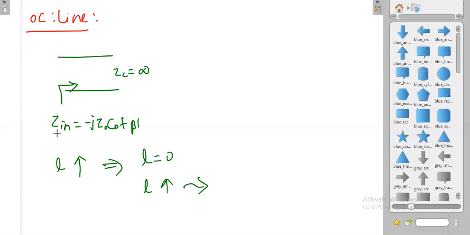Zin decreases negatively. When you increase L, Zin decreases negatively.